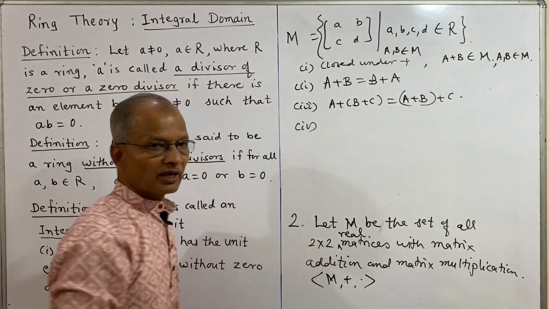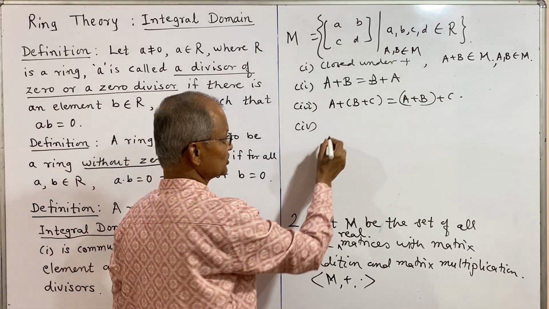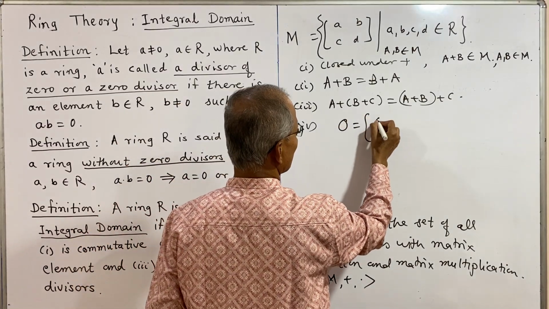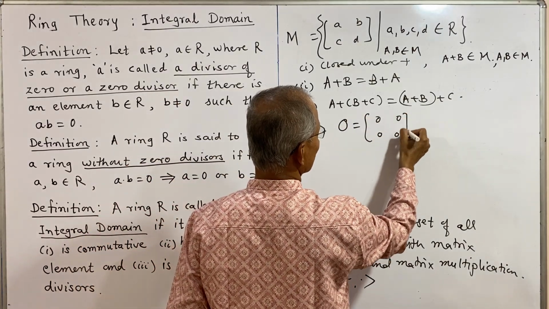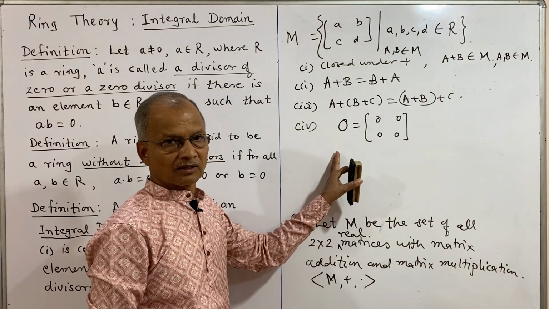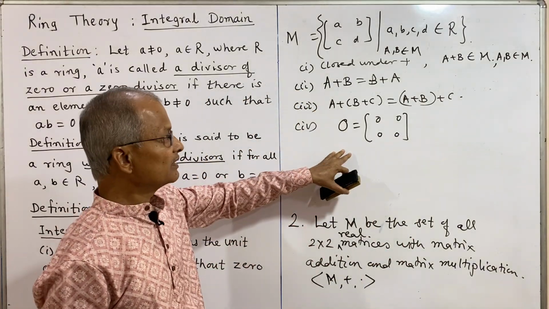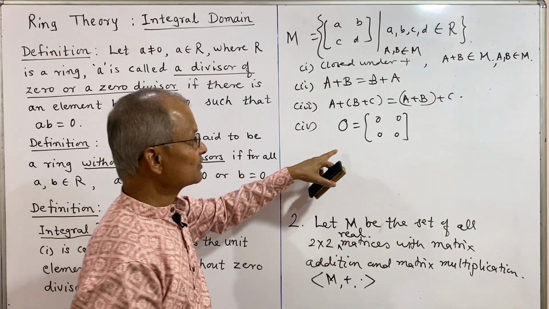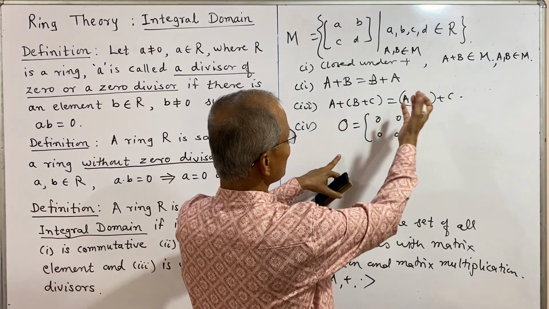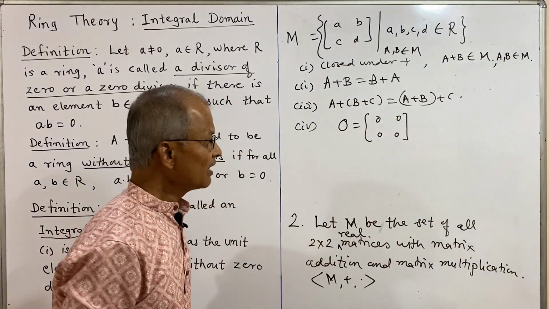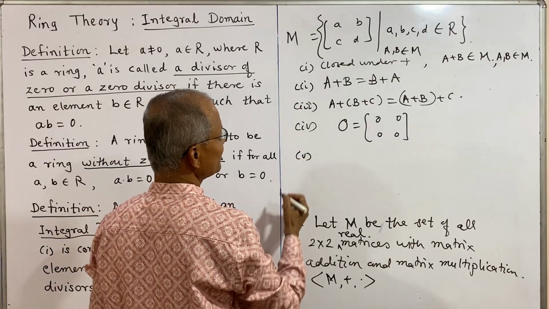What about the zero element? O is the zero matrix, having all its elements 0. This matrix is the identity for addition, because A plus O is equal to O plus A is equal to A. And what about the additive inverse?